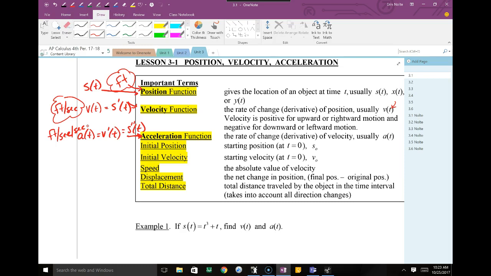Beyond that, the second part is telling you, if you have an initial position, your starting time would be time 0. Hopefully that makes sense. Your initial position is where you start when the clock starts.